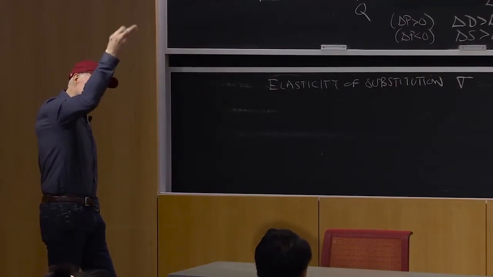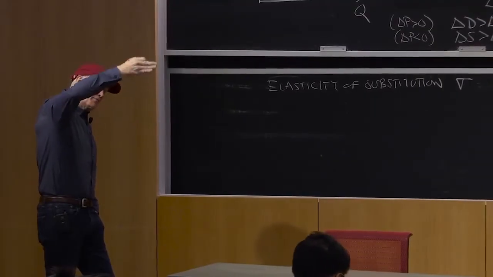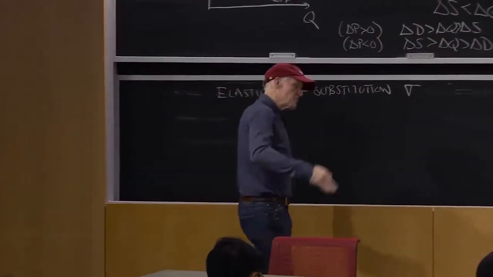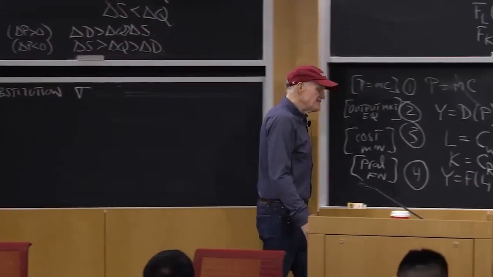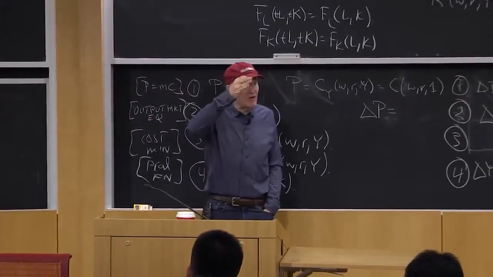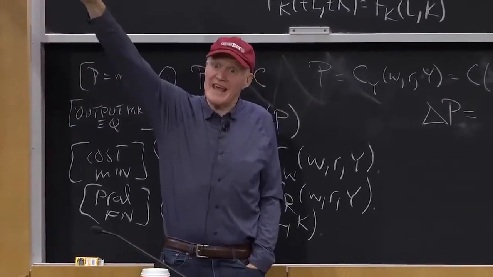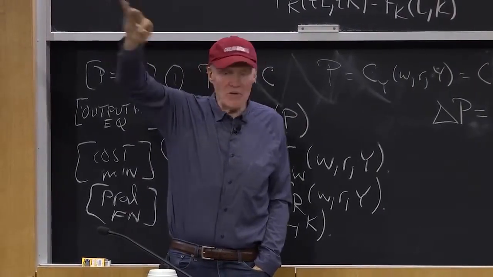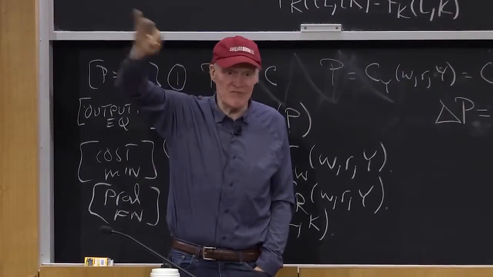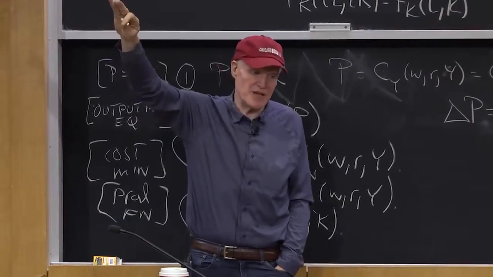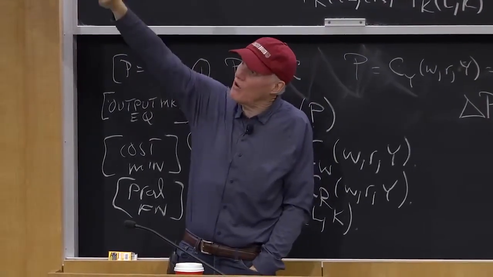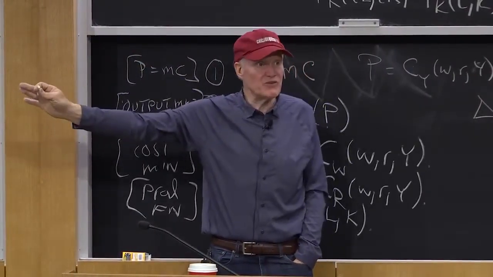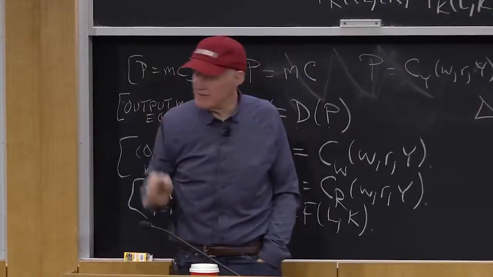Draw the isoquant and ask how do inputs change as we change factor prices. Now, the nice thing is with constant returns to scale all the isoquants look the same as long as I'm moving along a ray. Right? As long as I'm holding either factor ratios constant or factor price ratios constant, same story. As long as I move out along that ray, I'm going to get the same elasticity of substitution with CRS. There's no change in the elasticity of substitution.